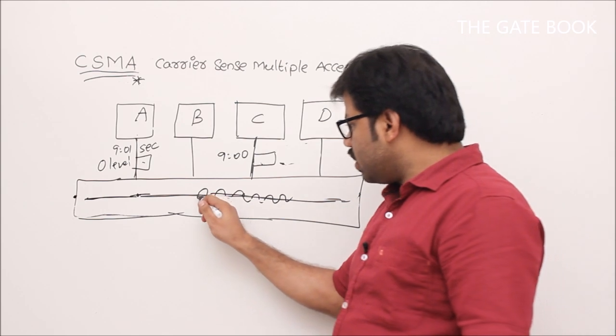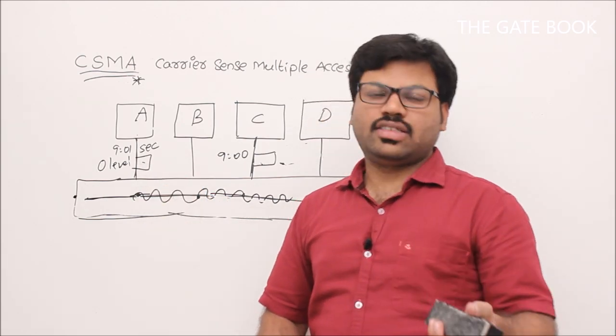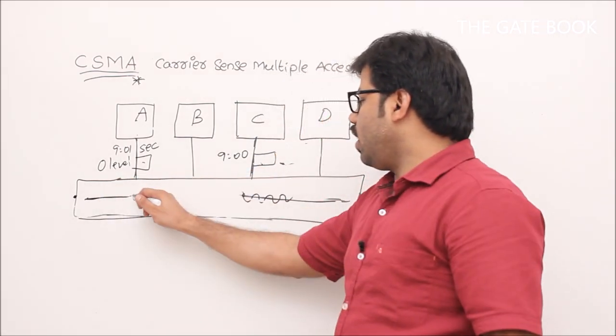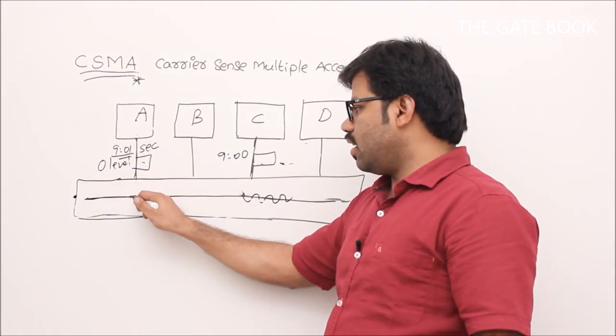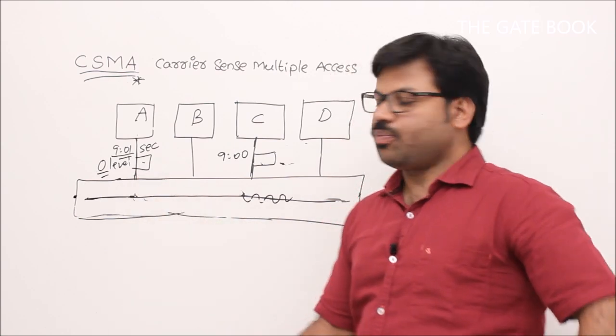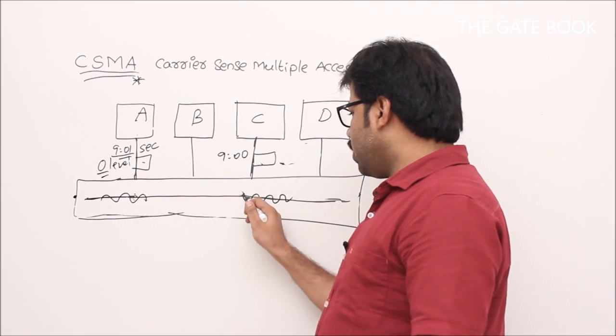Whenever the signal comes to this point, then maybe your adapter can guess it. Understand? So that's why there is a danger: what if at this moment, 9 o'clock 1 second, station A senses the channel, sees 0 level and also sends the data. Now see, at 9:1 the signal starts like this. Now it is going like this.